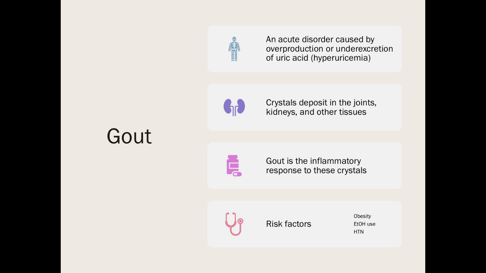Think about these crystals digging into your joints, cutting into your kidneys and tissues. So patients are going to complain of pain, especially in their joints, and they're going to have this inflammation. Risk factors for gout: obesity, hypertension, and excessive alcohol use.